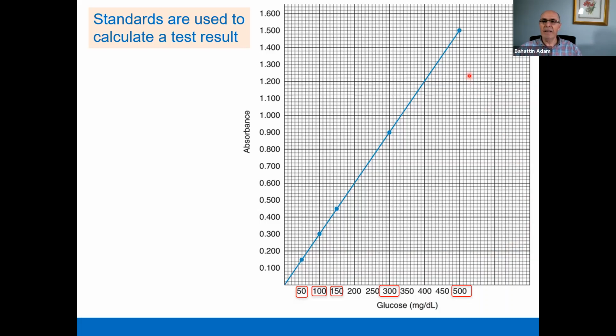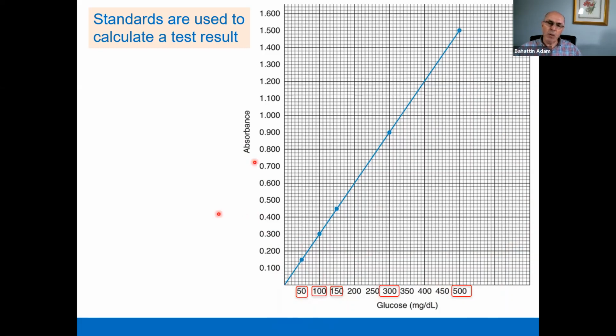And then I'm going to measure the absorbance of each of these standards via spectrophotometry. Okay, I know the level of each standard. As you see, I labeled them.